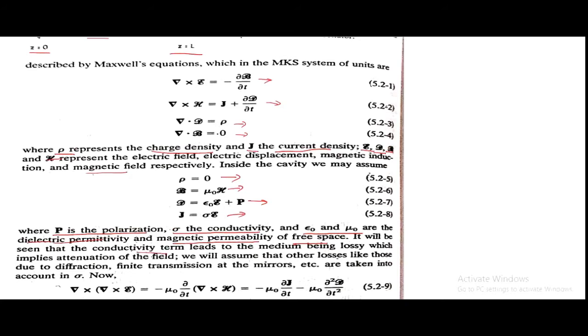Here the conductivity term leads to the medium being lossy, which implies the attenuation of the field. The other losses, like those due to diffraction and finite transmission at the mirrors, are taken into account in sigma.